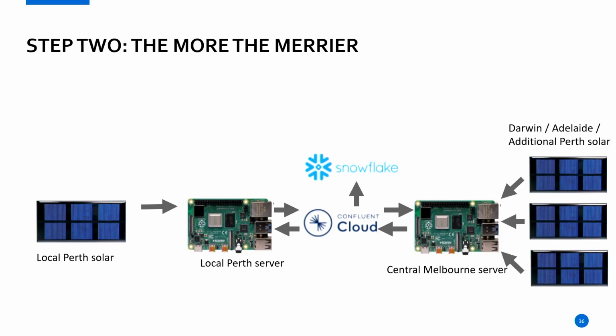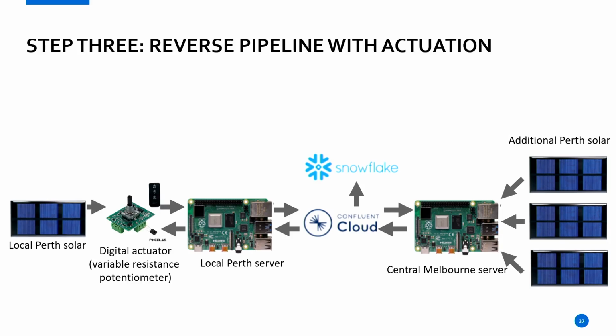So what if we added an additional Raspberry Pi or an additional server where we had multiple solar panels producing to that central server, all using Confluent Cloud or Apache Kafka? From there, we can add this thing I'm going to call an actuator. In particular, we're going to use a variable resistance potentiometer.